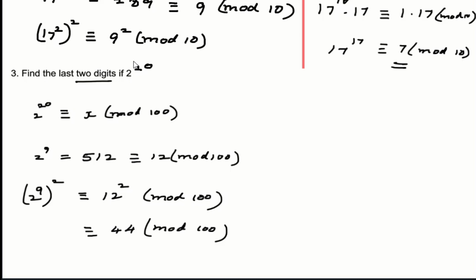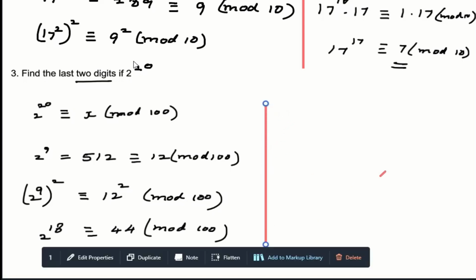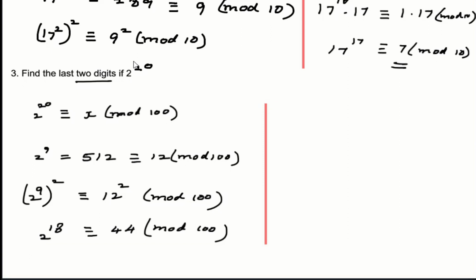This is 2 power 18. Now I want 2 power 20. Is it not? So 2 power 18 into 2 square is congruent to 44 into 2 square, that is 4, mod 100. 44 into 4 is 176.